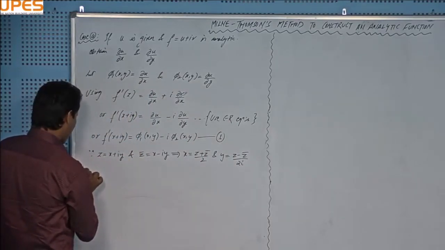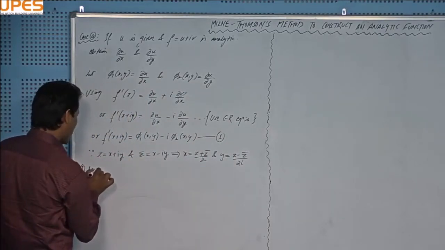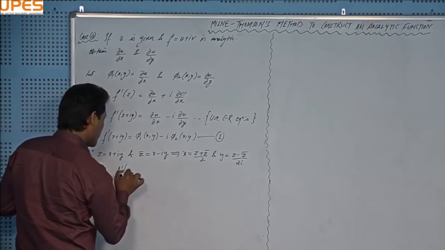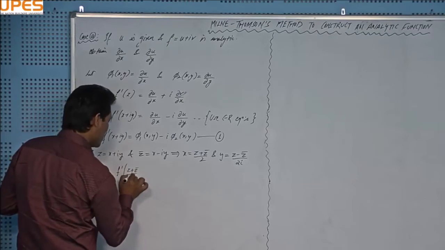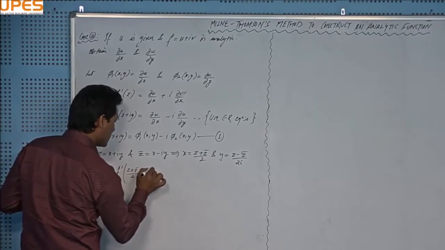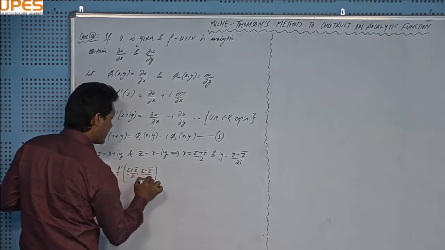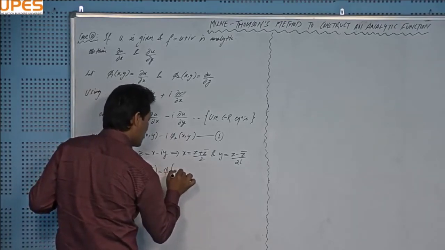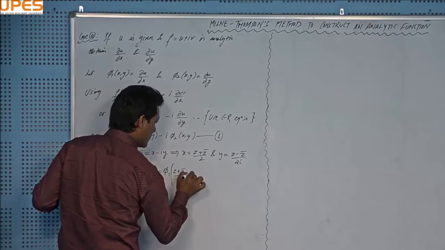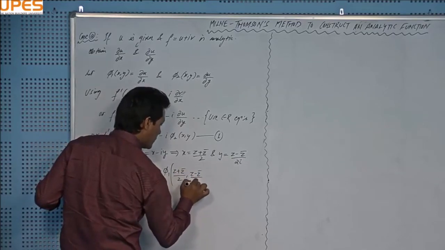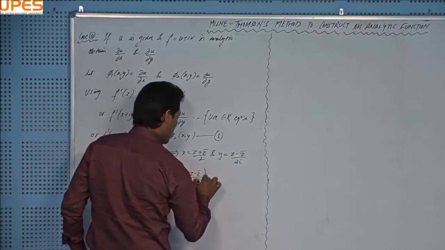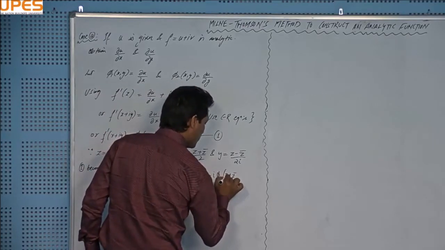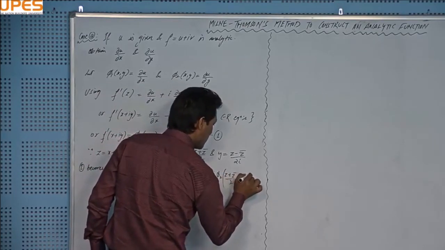Then, in terms of z and z bar, f dash of z plus z bar over 2, z minus z bar over 2i equal to phi 1 of z plus z bar over 2, z minus z bar over 2i, minus i phi 2 of z plus z bar over 2 and z minus z bar over 2i.